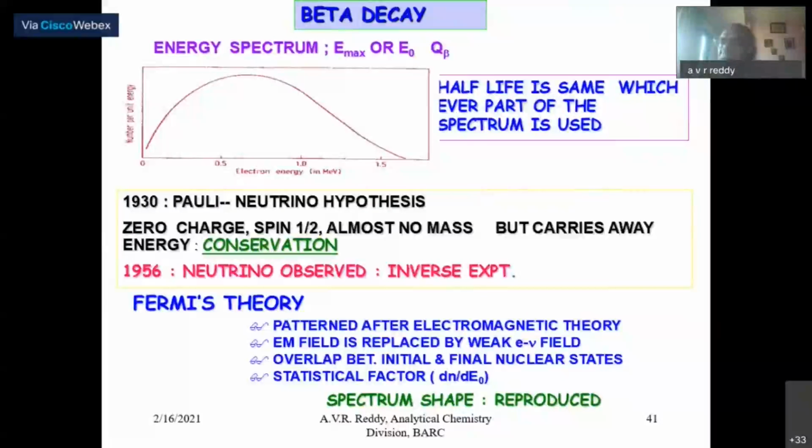So what we have to understand is that non-conservation of spin and energy has forced the introduction of the neutrino hypothesis. And of course, in 1956, Reines and Cowan detected the neutrino, and neutrino detection is a challenging task.